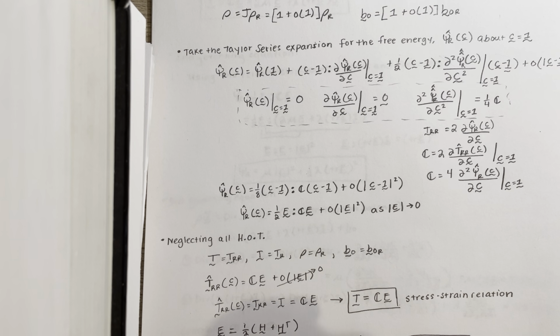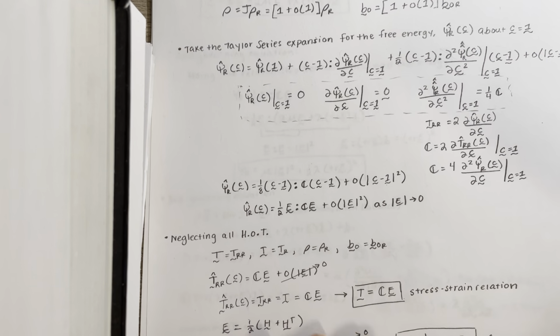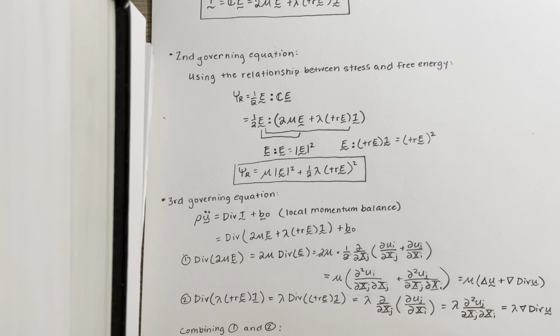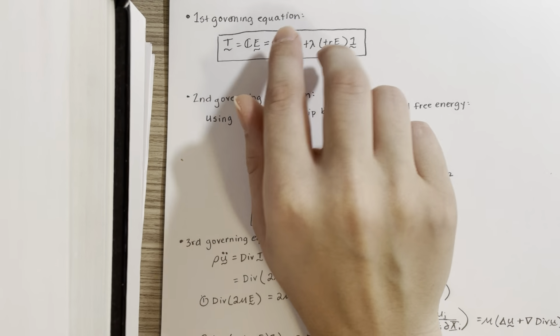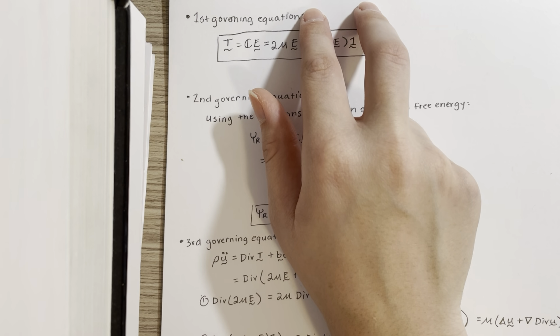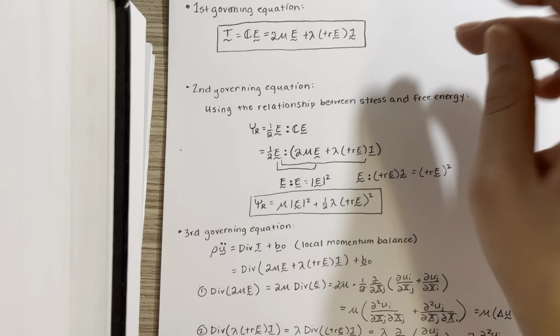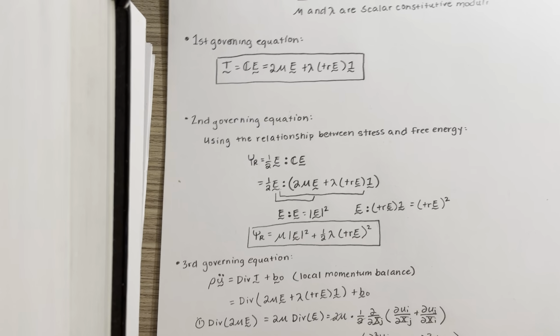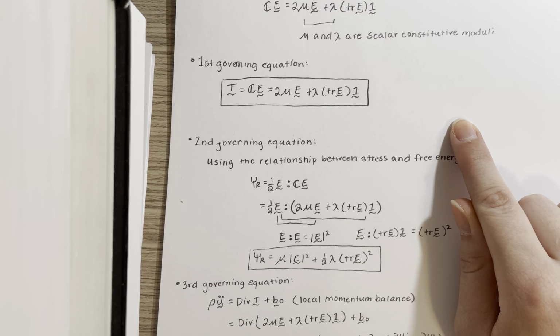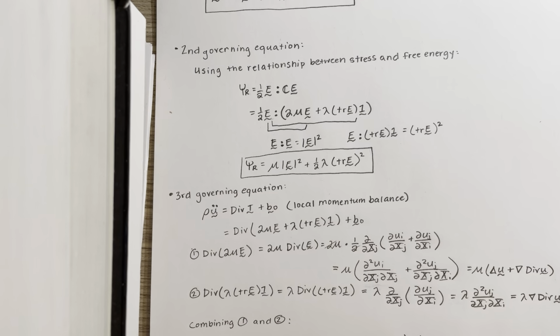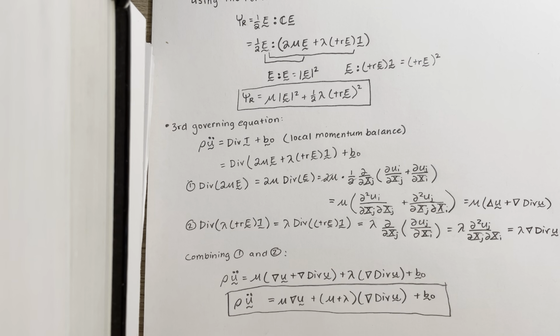So then once we formed our stress-strain relation and free energy relation, and then once we also defined our equation for an isotropic body, we were then able to form our three governing equations. The first for stress, the second for the free energy, and the third being our local momentum balance.